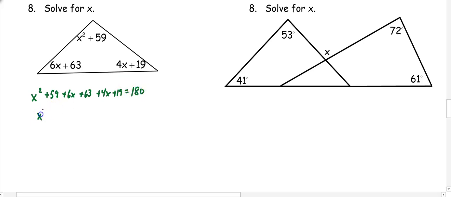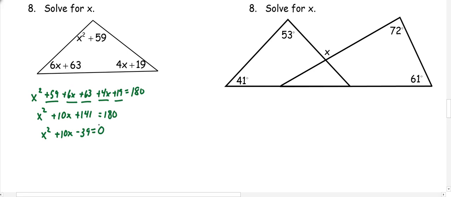When I combine like terms, I get x squared plus 10x, plus 59 plus 63 plus 19, so plus 141, is equal to 180. Because there's an x squared, this is going to be a factoring problem. So I'm going to subtract 180 from both sides: x squared plus 10x minus 39 equals 0.